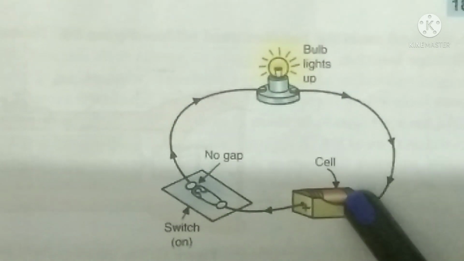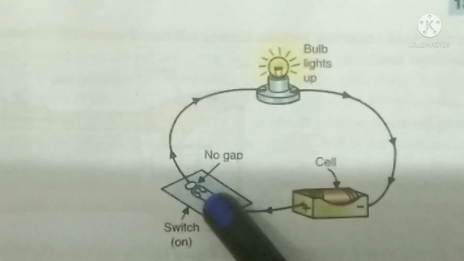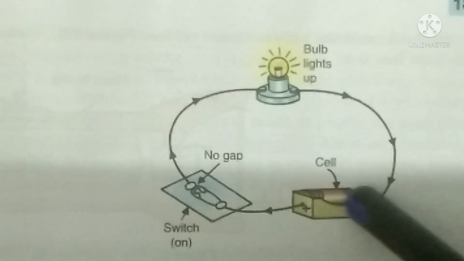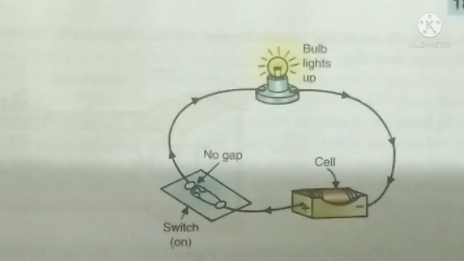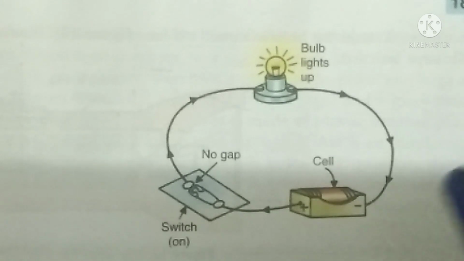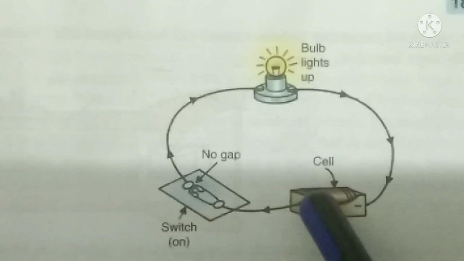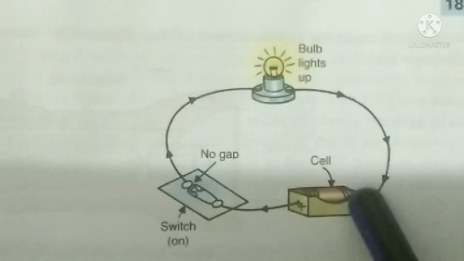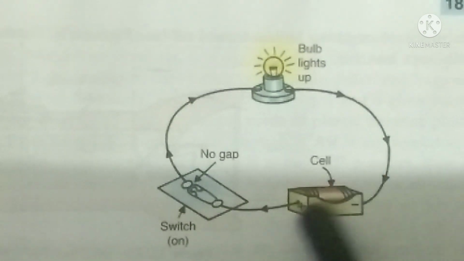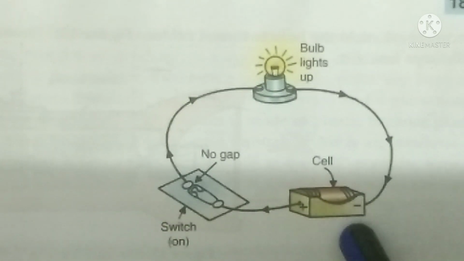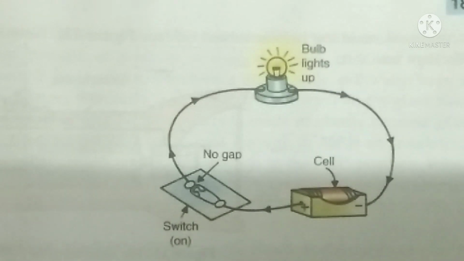The cell is connected to the switch, and it is again connected to the bulb from one side, and from the other side also it is connected to the bulb with the conducting wire. So when the switch is in on position, there will be flow of electricity from the positive side of the cell to the bulb, and it will continue, completing the circuit. Okay, so this is a closed circuit and the bulb will start glowing.